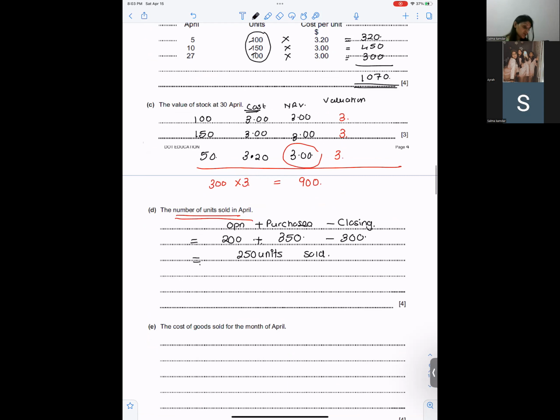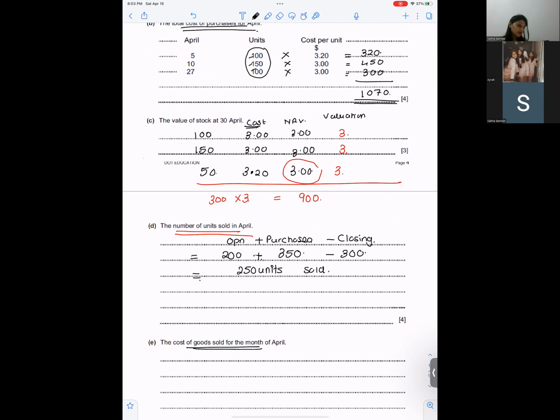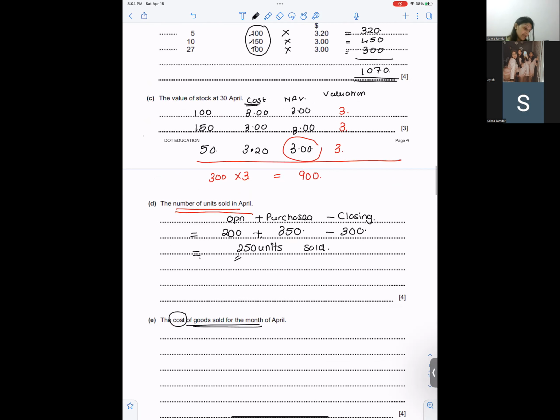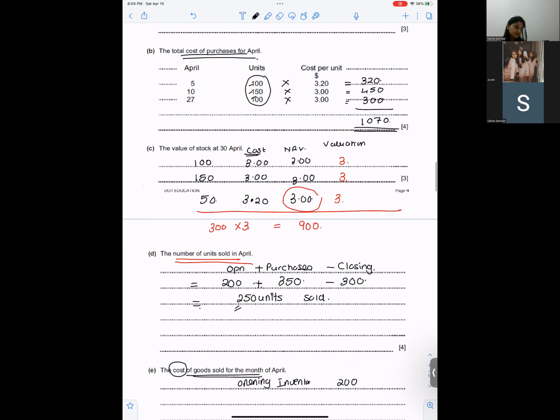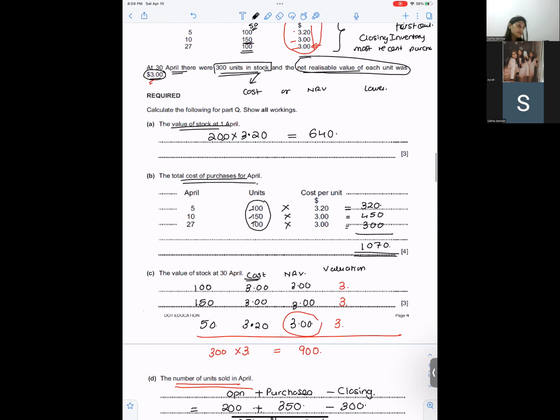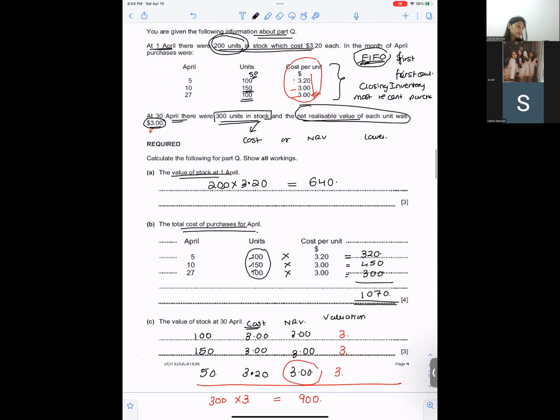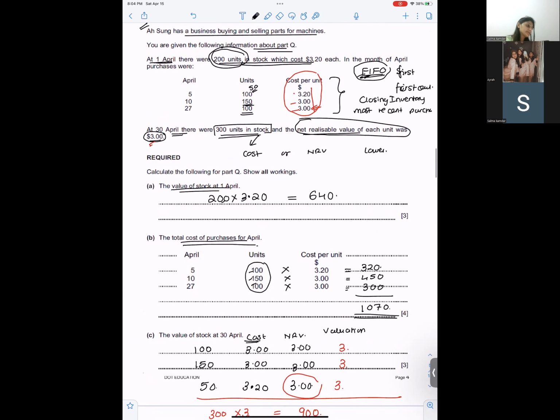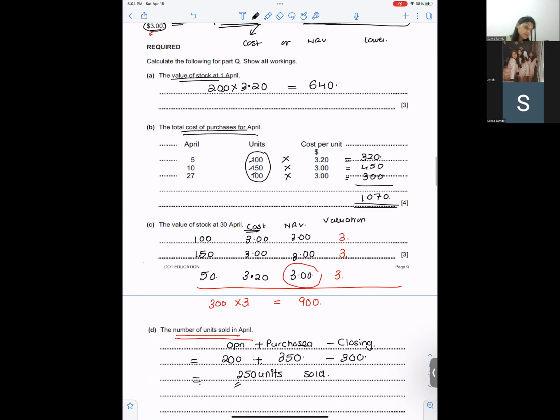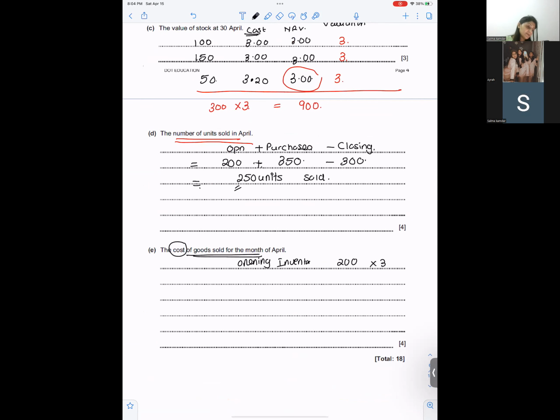Find the cost of goods sold. They want the cost of goods sold. Okay, so you have sold 250 units. The first you will sell out of your opening inventory. That is 200 units you will sell, right? And the cost of those 200 units is what? 3.20. So this would be into 3.20.